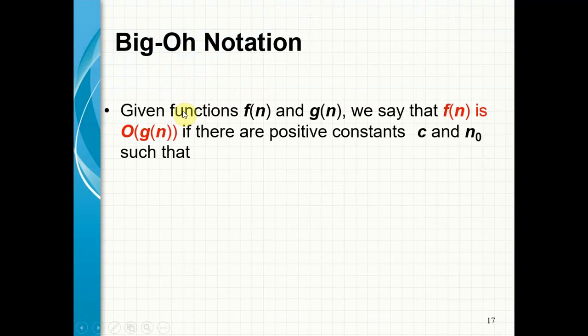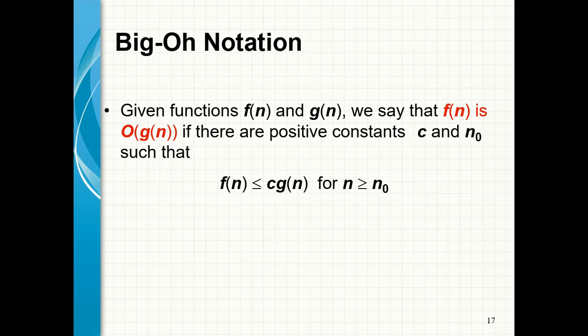The formal definition is that, given functions f(n) and g(n), we say f(n) is O(g(n)) if there are positive constants c and n0 such that f(n) is less than or equal to c times g(n) for n greater than or equal to n0.